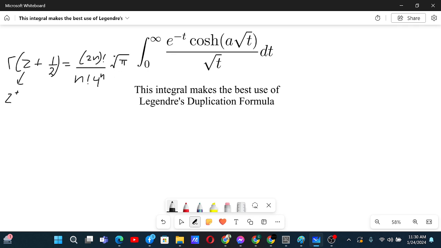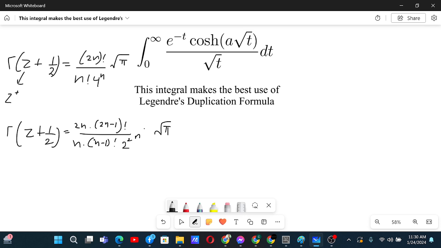But many of you might not have seen this formula in the form that I have been telling over here. Basically, we also have another form where we can manipulate this. We can write (2n)! as 2n times (2n minus 1)!, and then n! as n times (n minus 1)!, and then 4 to the power n will be 2 to the power 2n, and root pi.